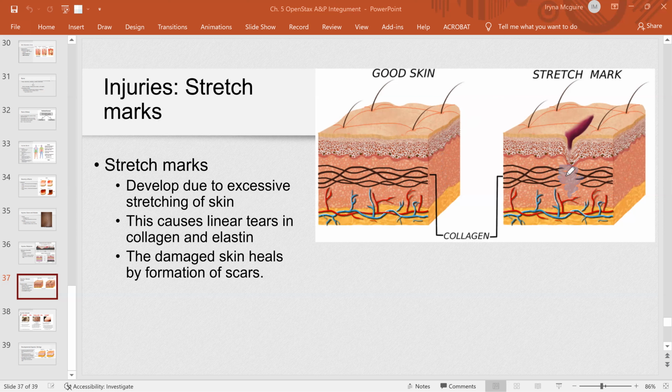And because the integrity of this part is not the same as it was before, you might have depression of the skin, and that's what we call stretch marks. So stretch marks are linear tears in collagen and elastin.